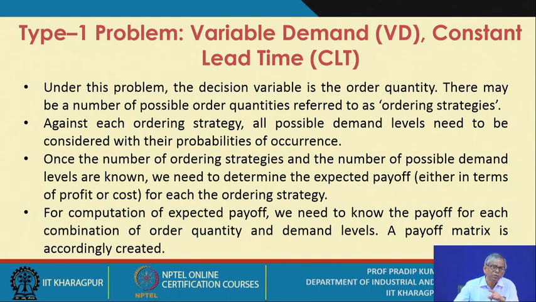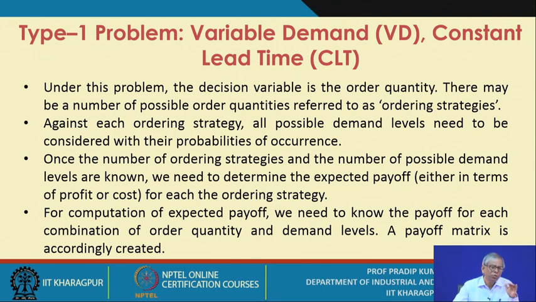So suppose you have 10 possible demand levels and 10 possible ordering strategies. How many combinations will you have? It will be 10 into 10, that means 100 combinations. And for each combination you have to calculate the expected payoff, that means the return you get.